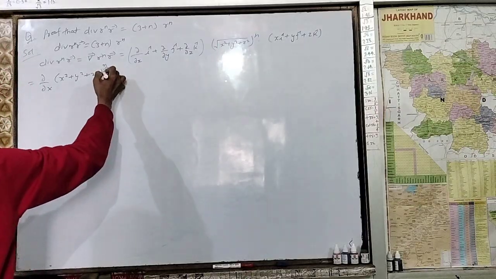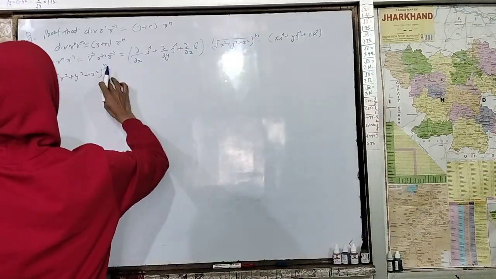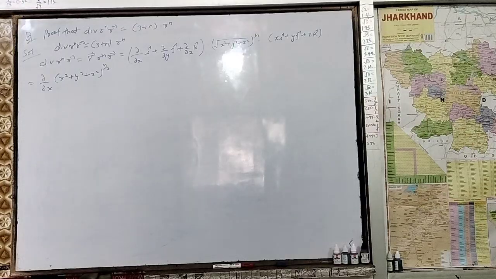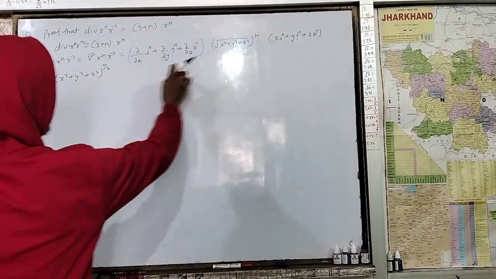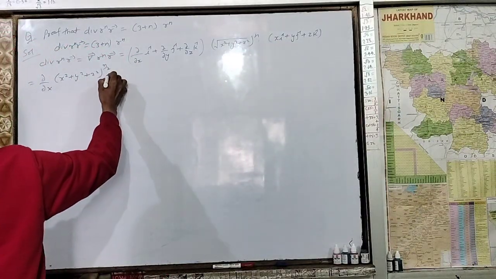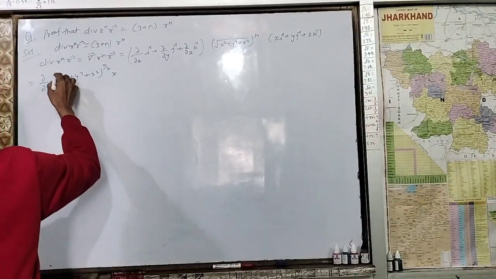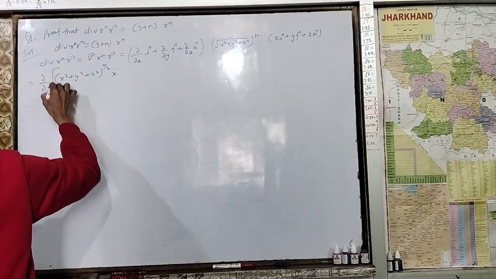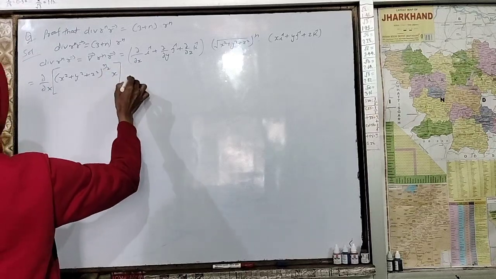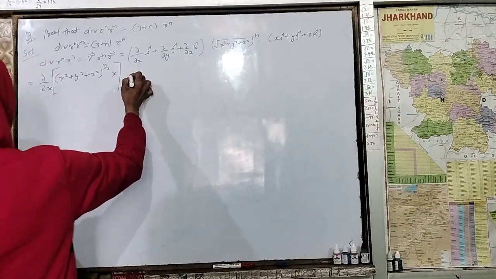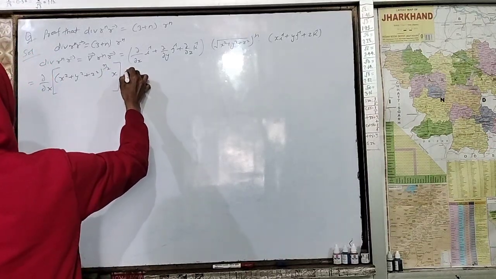The value of this root is 1 by 2, and 1 by 2 multiplied by n will become n by 2. Okay. And then it is with x dot x. Am I correct? Let's suppose this is our first term. Next, remember it is along i cap.